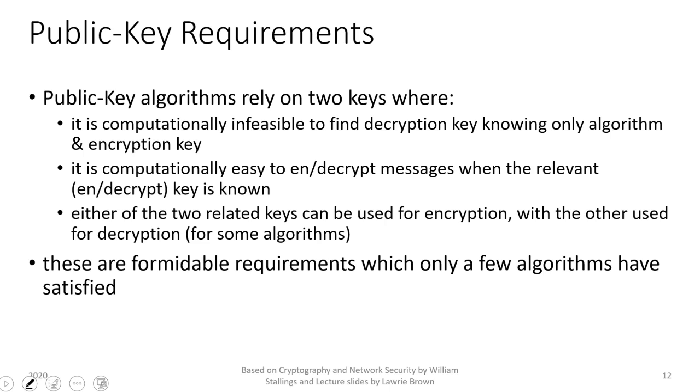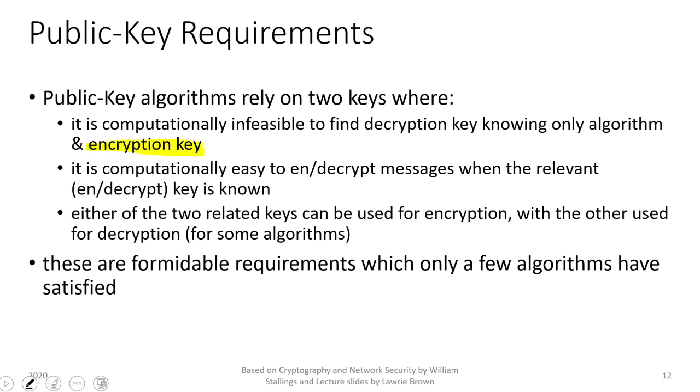Let's see what some of the requirements would be for such keys. We would know the public key publicly. Everybody will know the public key, so there's no secrecy about it. The public key is what we would know as the encryption key.